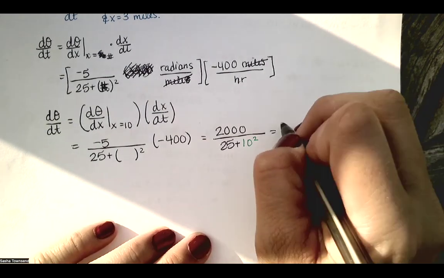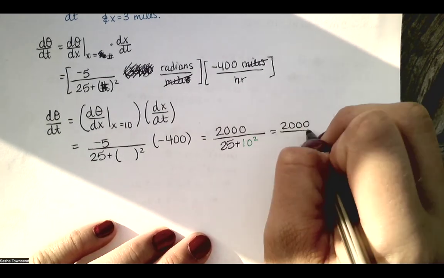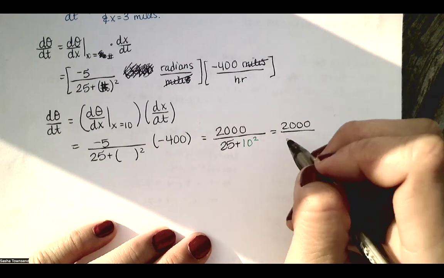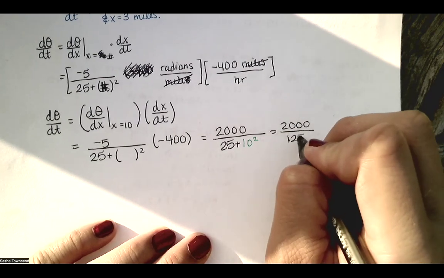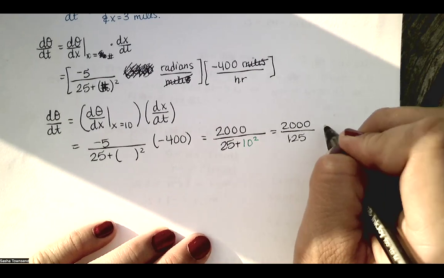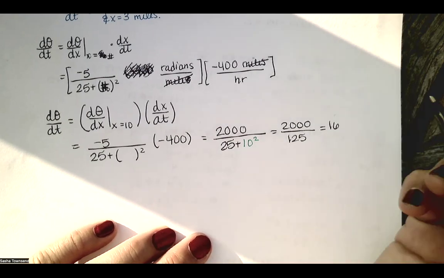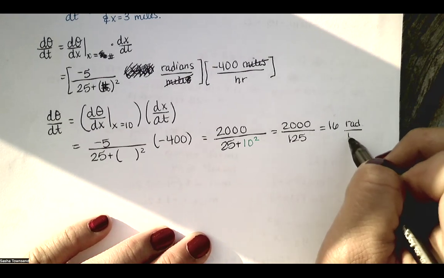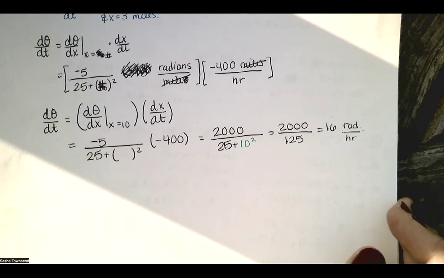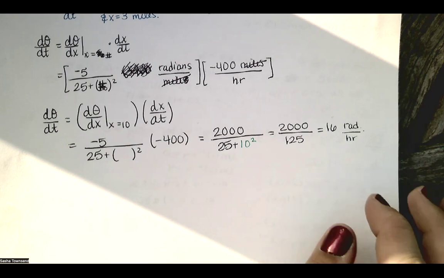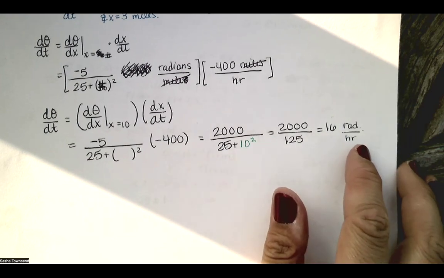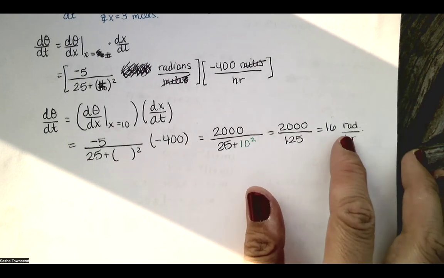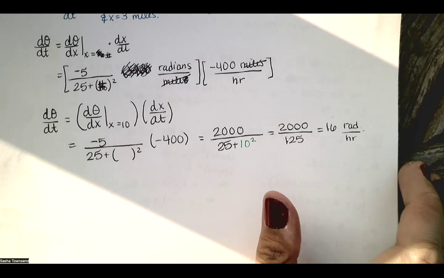So we end up with 2,000 divided by, that's 125. I think that was 16, actually. And that's going to be radians per hour. So as the hours increase, if we wait 1 hour, then theta would increase by 16 radians.